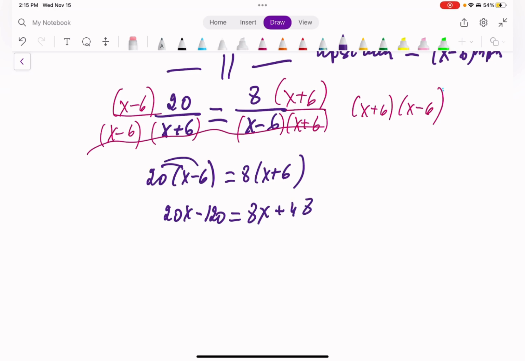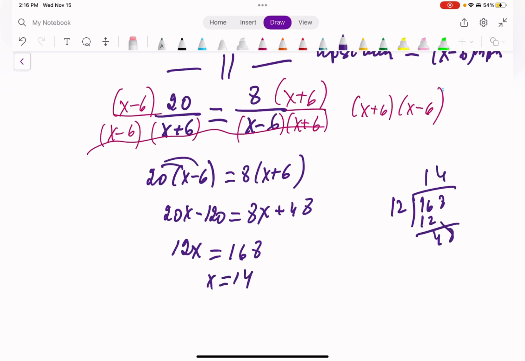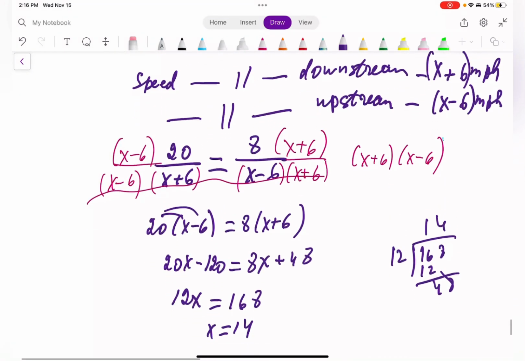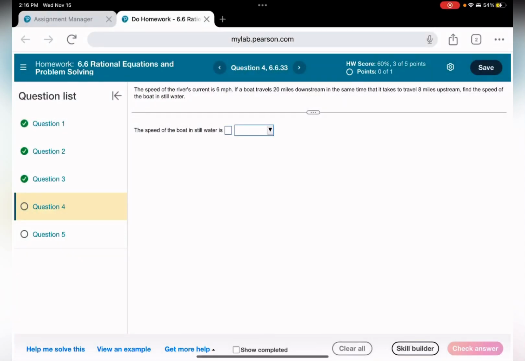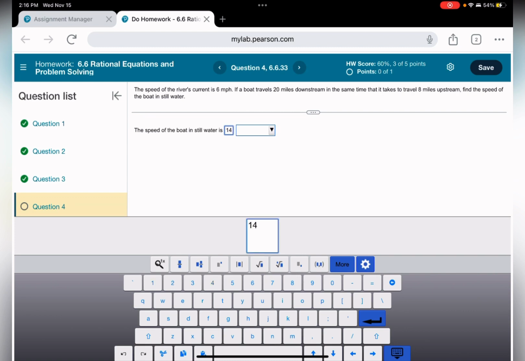From here, 20x minus 8x is going to be 12x equal 120 flipped over, positive 120, plus 48, which is 168. 168 divided by 12, 1 times 12, 48, that's 14. X is equal to 14. So the speed of the boat in still water is 14 miles per hour. Let's put it in there.